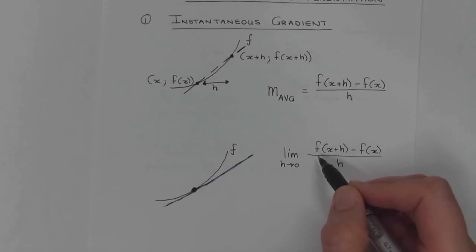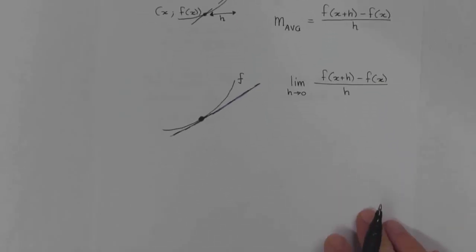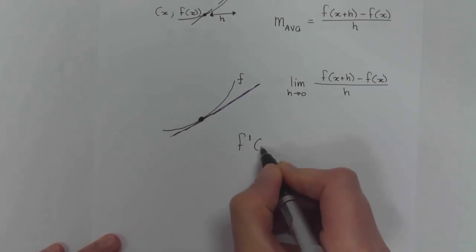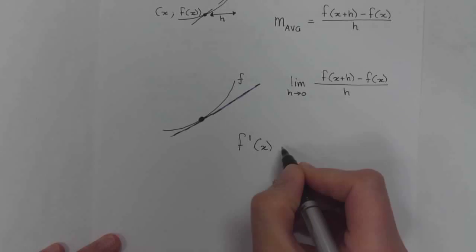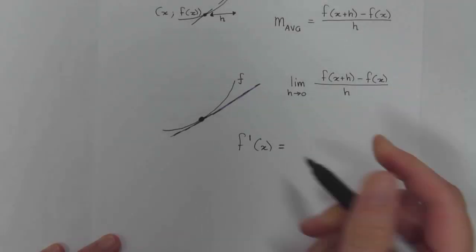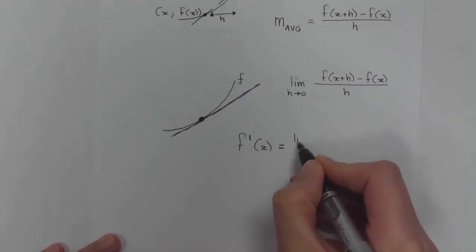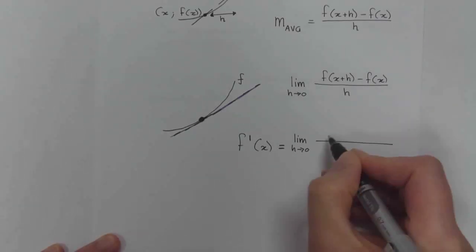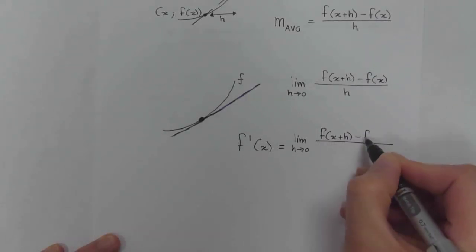And that is now going to become the definition for our first derivative. So welcome to your first differentiation, f accent of x, also called the first derivative. By the definition, the first derivative is the limit of h tending towards 0 of f of x plus h minus f of x, all over h.